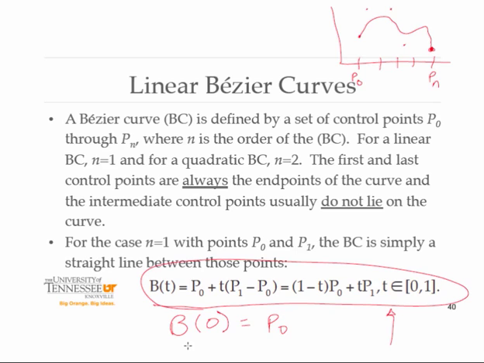And then if you were to plug in 1, so the parameter t again moves from 0 to 1, by the time it had got to 1, you can see this term will go away, you'll get P1. So it's a way of specifying a line that's going to run from P0 to P1.